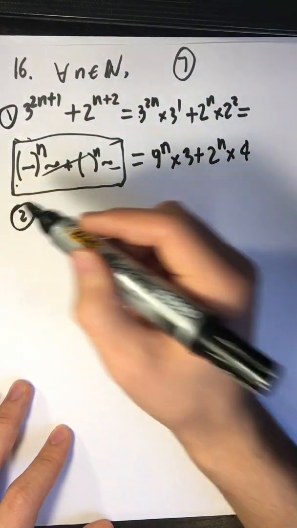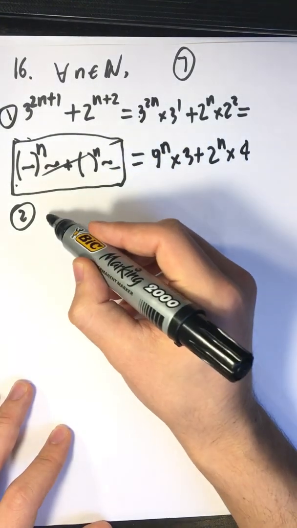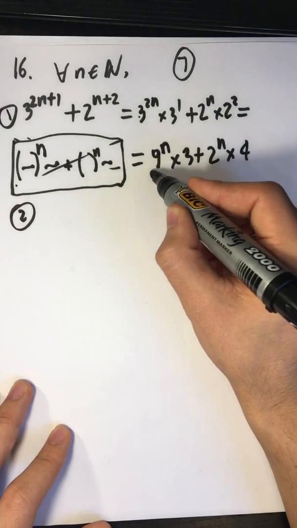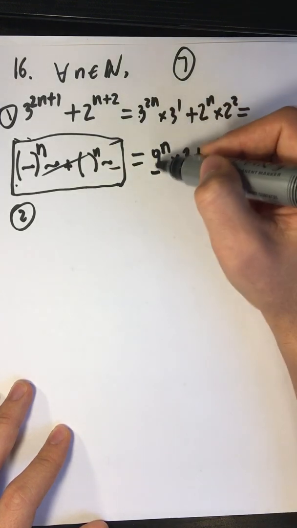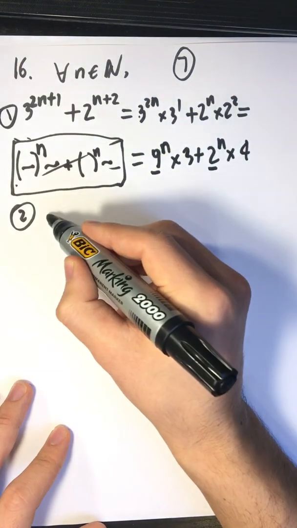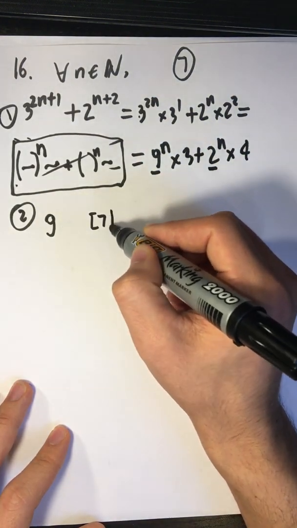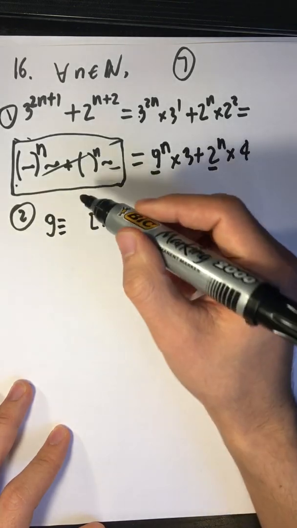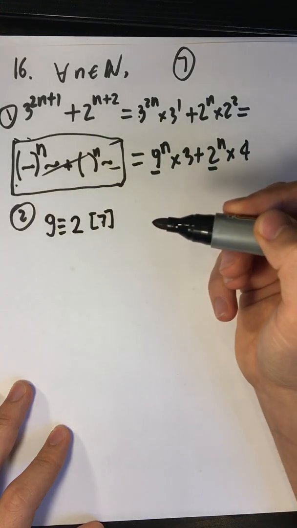And second step, so let's go back to the properties of mod. Because I have 9 here and 2 here, I divide 9 by 7 and 2 by 7. What I do is I write 9 here, and then this means mod 7. You divide 9 by 7, what's the remainder? 2, right?